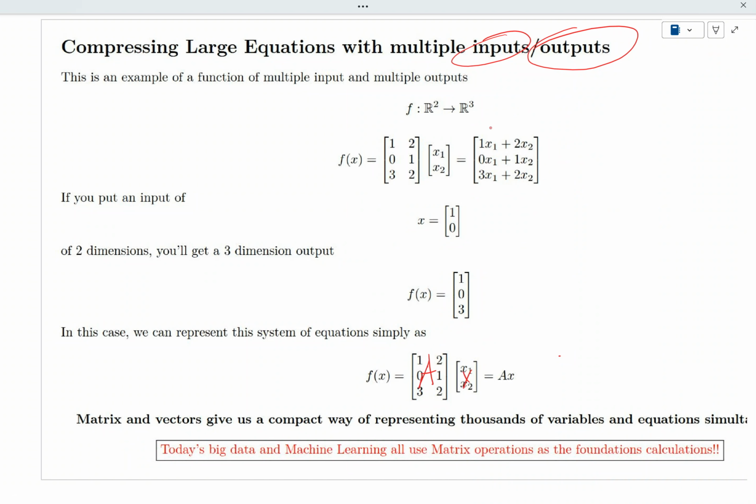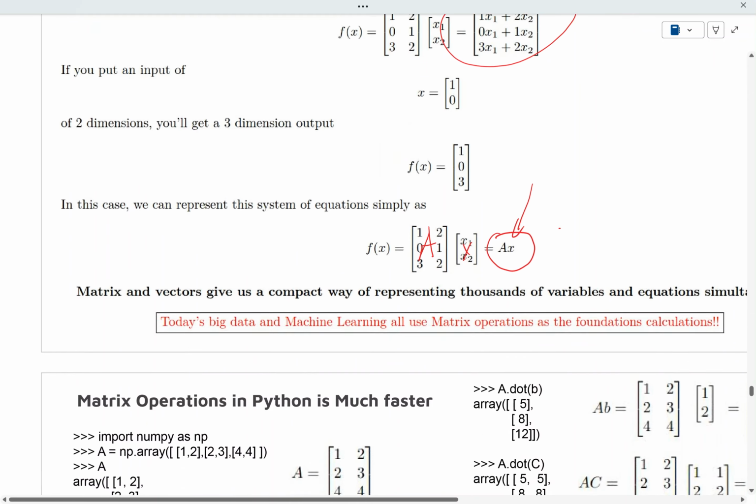We can write a very complicated set of linear system of equations into something very compact and easy to manipulate. So now you kind of see that, yes, matrices are useful to represent data. They're also useful to essentially represent very large equations.